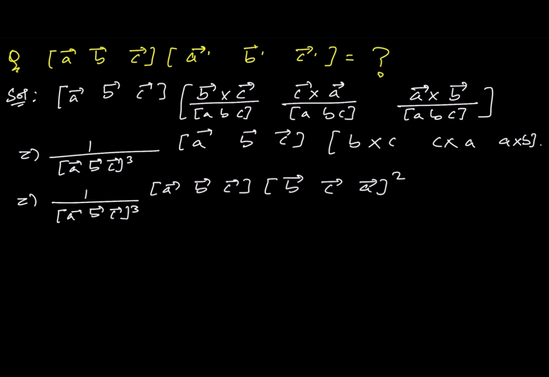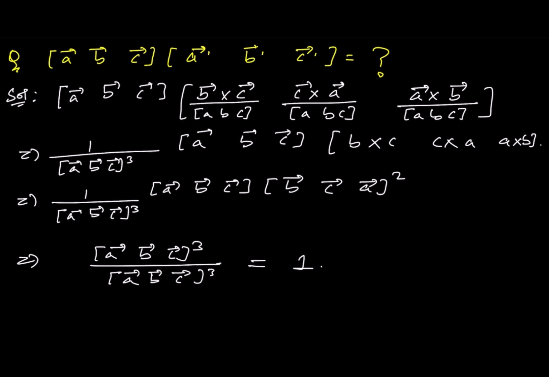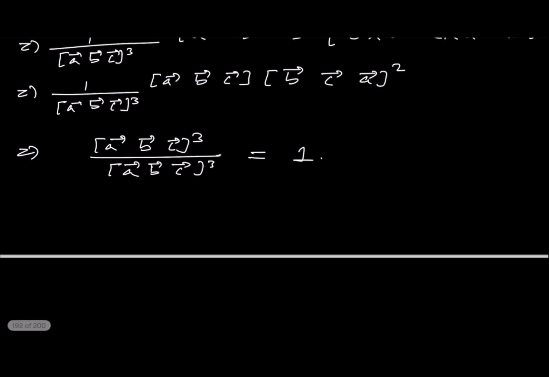And box ABC is nothing but box ABC. So the numerator will become box ABC whole cube, and in the denominator box ABC whole cube is already present. So this will become 1, right?